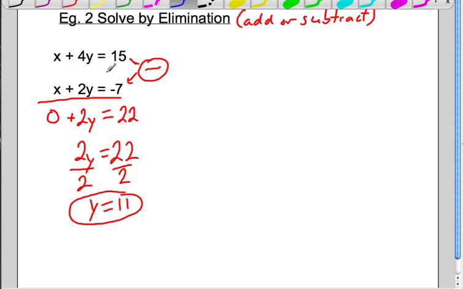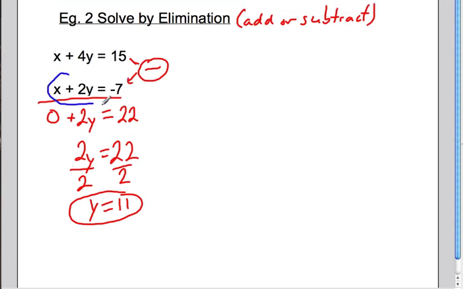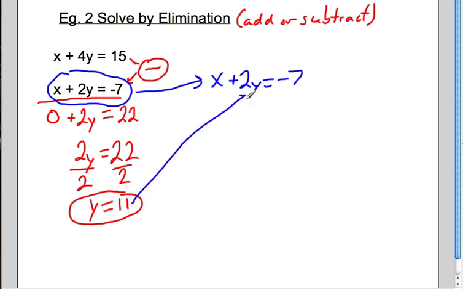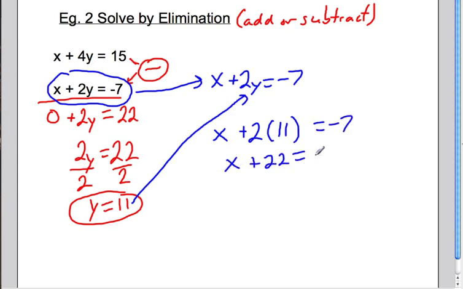And we can take either equation and solve for x. I'm going to take the second one just because it's got a smaller coefficient of y. So I'm going to take that equation, x plus 2y equals negative 7. Substitute in the y is 11. And you get x plus 2 times 11 equals negative 7. x plus 22 equals negative 7.